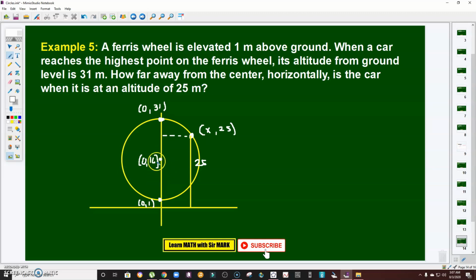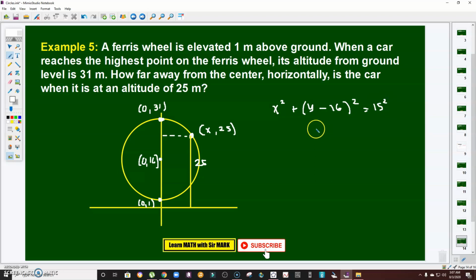So meaning to say, if that is 0, 16, my radius is 15. Right? And from there, we can get the standard equation. So that is x squared plus y minus 16 to be squared equals, since my radius is 15, 225. Or I'll just write 15 squared here.